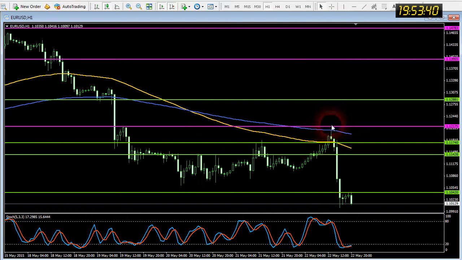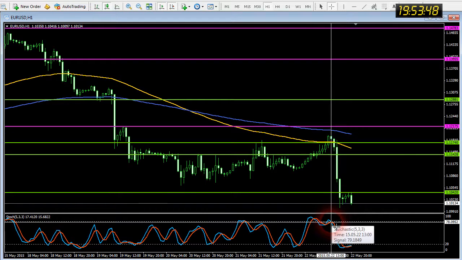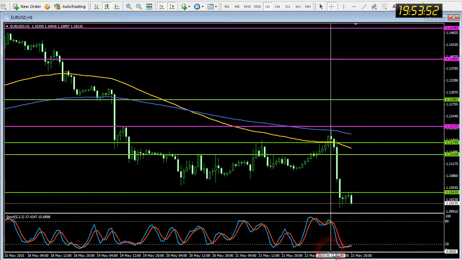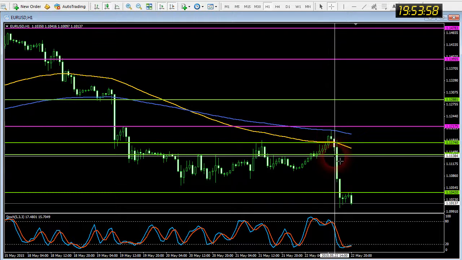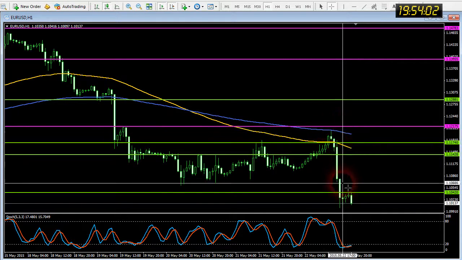Are you waiting for the price to come and touch it? Your third rule can be stochastic. It's going to have to be overbought. And your fourth rule, the time pattern. For example, look below here where my line is. It says 1300. That's exactly where, at the full hour, the trend turned.